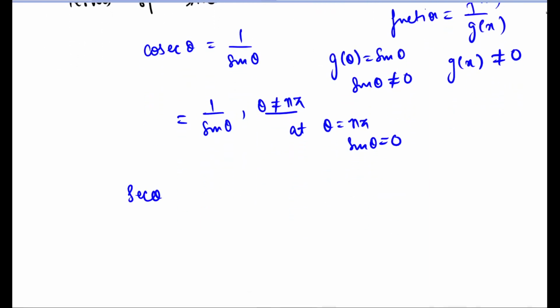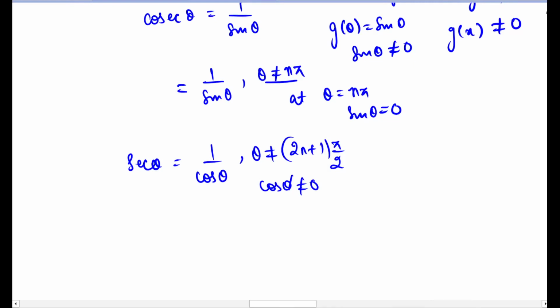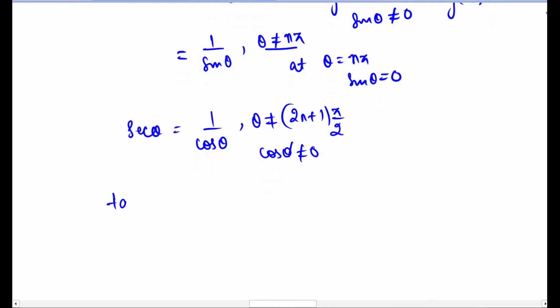Similarly, sec theta is equal to 1 by cos theta. So we can say theta is not equal to (2n plus 1) pi by 2, because at theta equal to (2n plus 1) pi by 2, cos theta is 0. So we have to make cos theta not equal to 0 to define sec theta. Now we have tan theta, which is sine theta on cos theta.